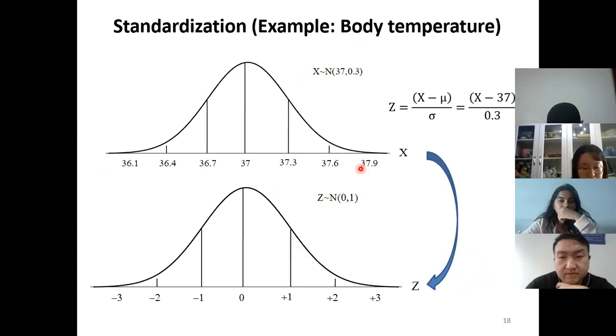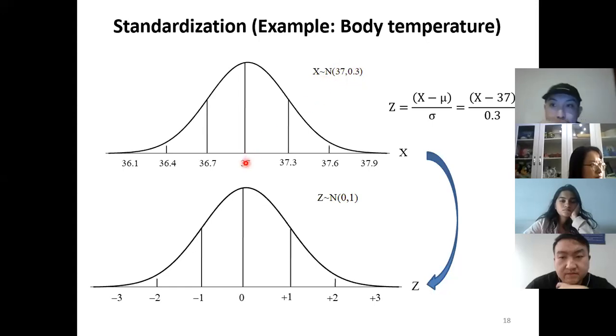Right? Example, body temperature. Let's say from studies, from data, we obtain the mean body temperature is 37. That is the standard deviation, 0.3.